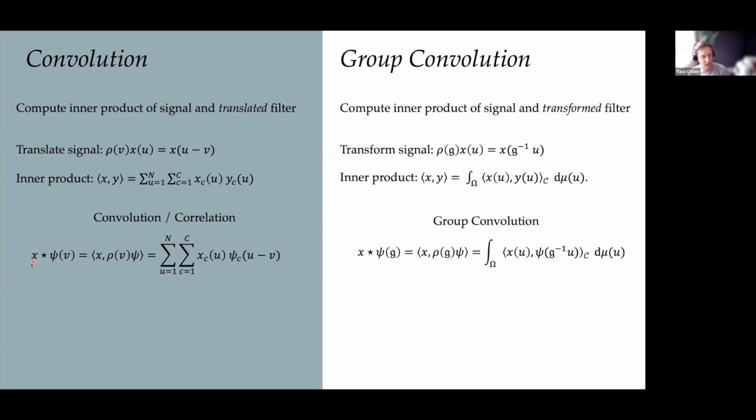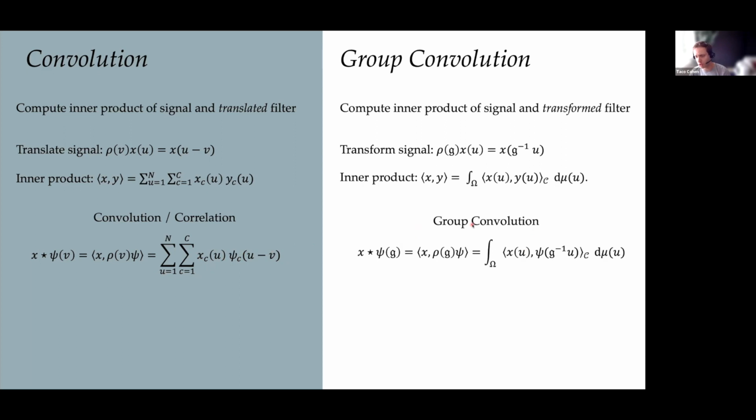So the signal convolved with a filter psi evaluated at V, where V is a translation, so we're evaluating the output at a certain translation or a position in the plane, is the inner product of the signal and the translated filter, which, if we expand the definition of the inner product, is a sum over positions and channels of the signal and the translated filter.